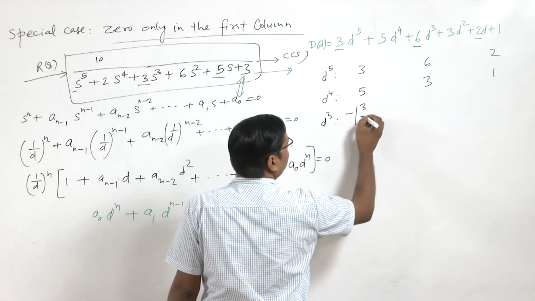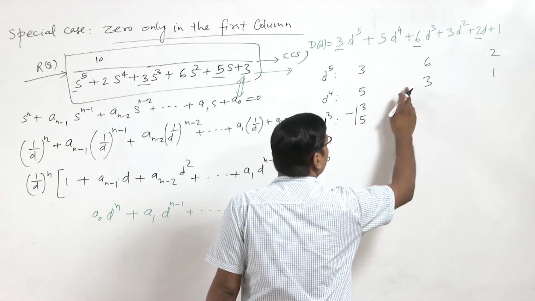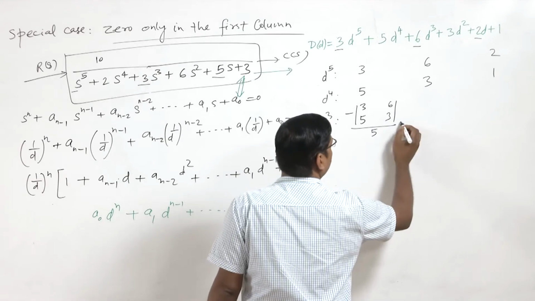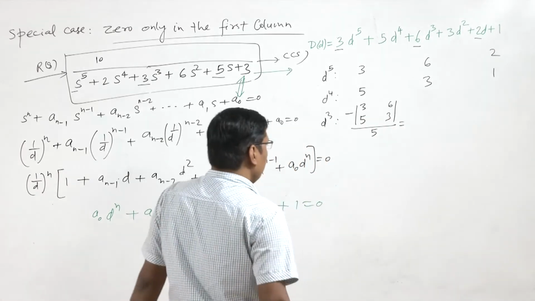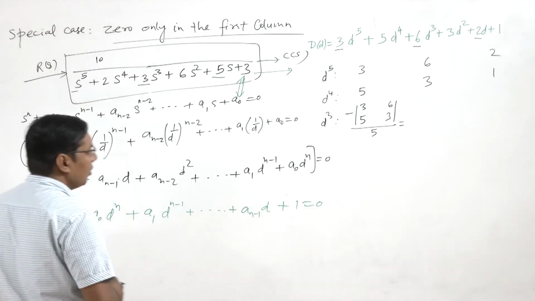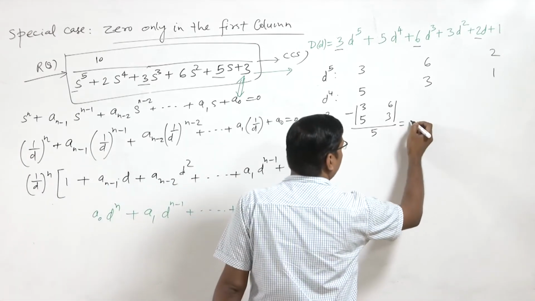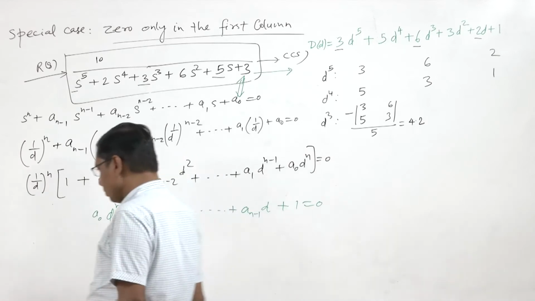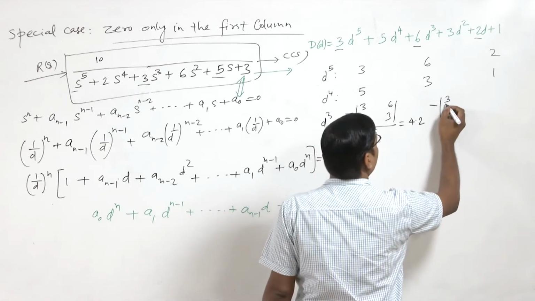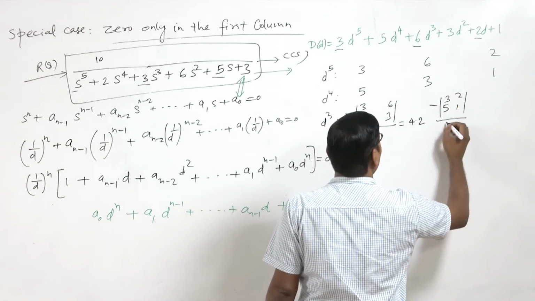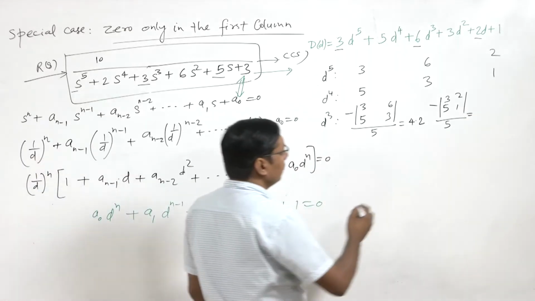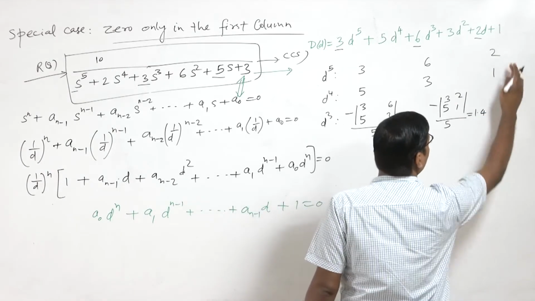Here minus 3, 5, 6, 3 by 5, that is equal to minus 21 by 5, that is 21 by 5, and that is 4.2. And then the next one is minus 3, 5, 2, 1 by 5, and that is 1.4, and this is 0 because that column is 0.